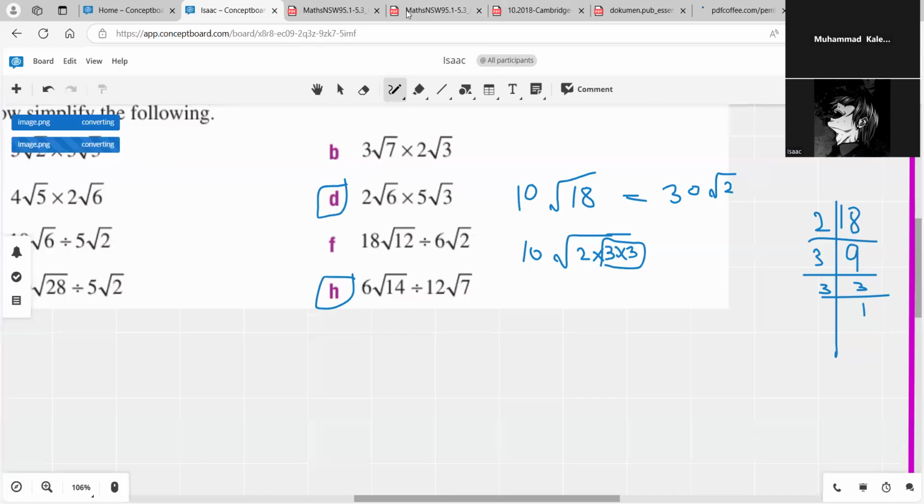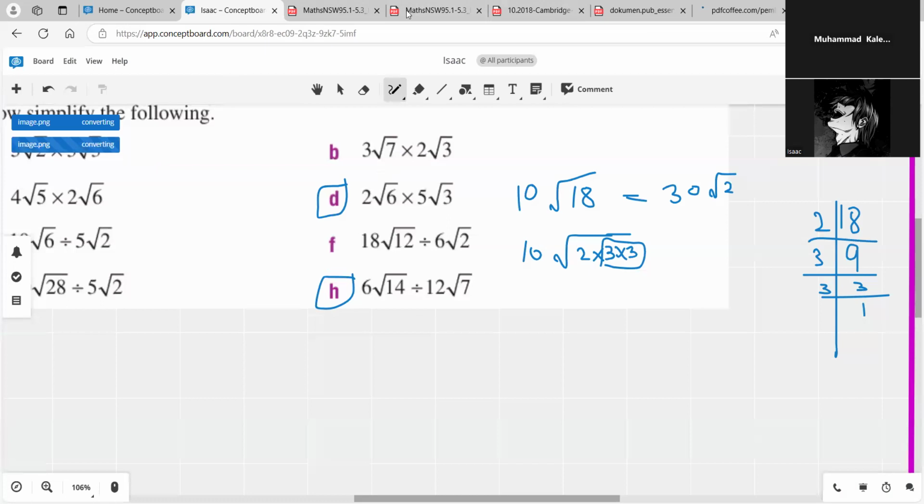I got 0.5 square root 2. Yeah, that's the right answer. But instead of writing in decimal form, try to write that in fraction form.